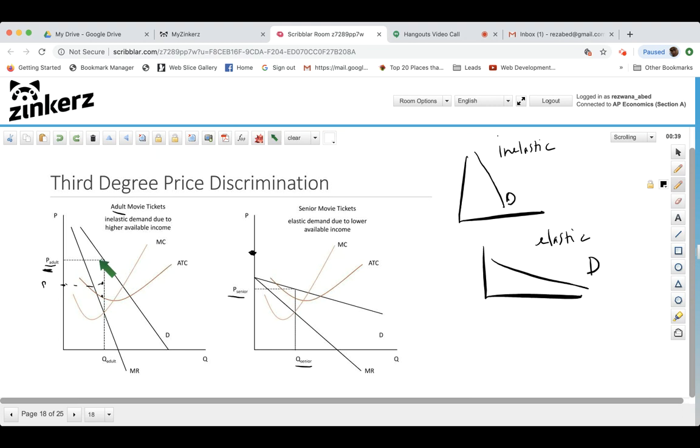So adults are paying their maximum willingness to pay, and seniors pay their maximum willingness to pay. By doing this price discrimination, they're able to earn more profit than if they charged a single price for both of these groups.